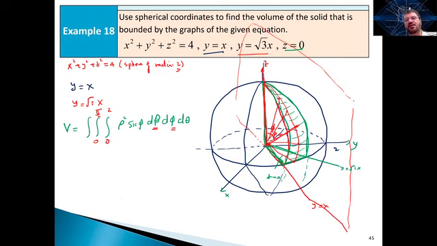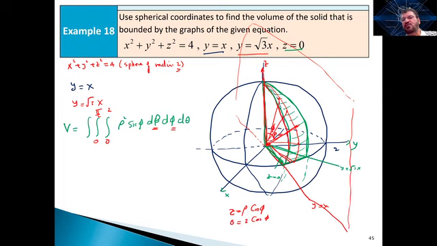Okay. You can find it also in another way. How do I find phi? We know that z equals rho cosine phi. But Z here, when you reach all the way down, what's this Z? It's 0, equal to rho, given to be 2, times cosine phi.